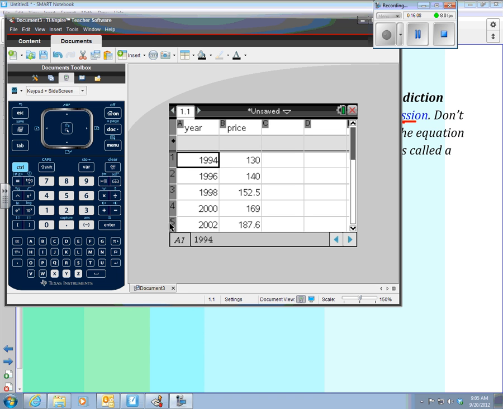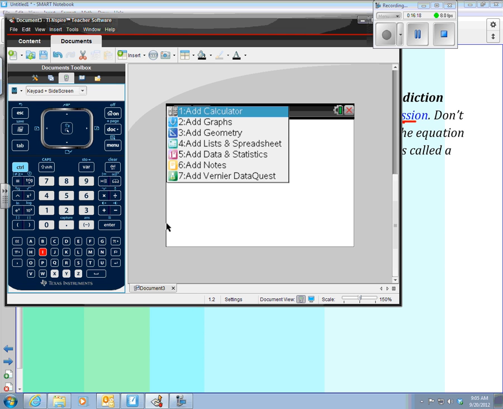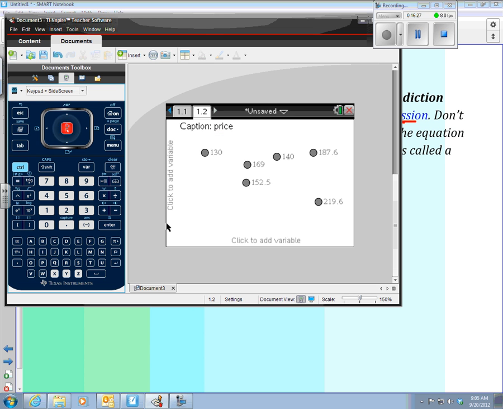Now we want to put it in a scatter plot. So what we're going to do is this. We've got to add another screen here. So you're going to hit Control right there, and then the I button, and that'll add another screen for us. And we want to go down to Data and Statistics right here. And you can see here's all our points.